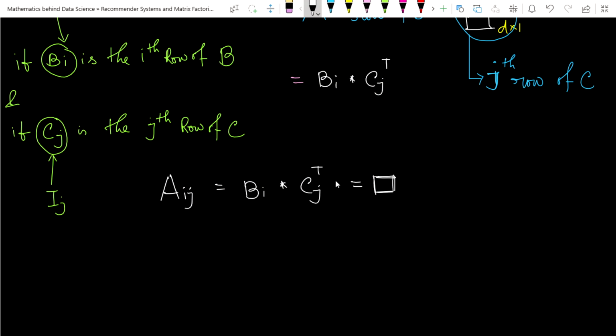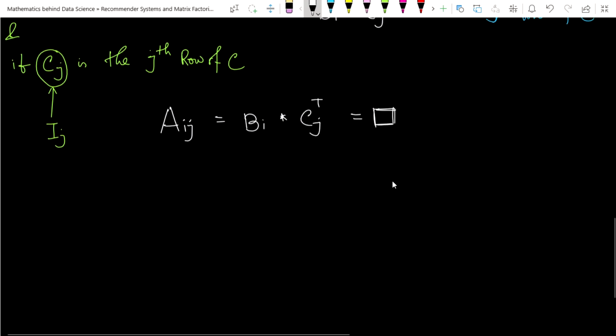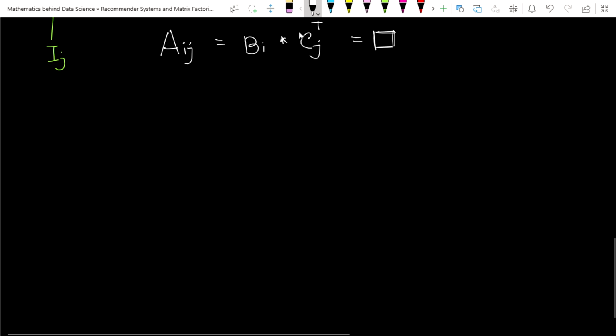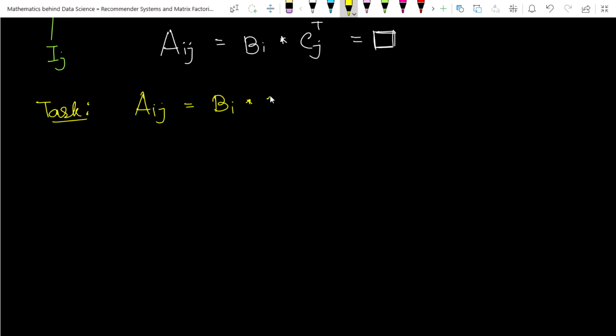Now our job is to predict the values for the empty cells. Our task is, for the aij in empty cells, to use this formulation bi into Cj transpose to predict these empty cells.